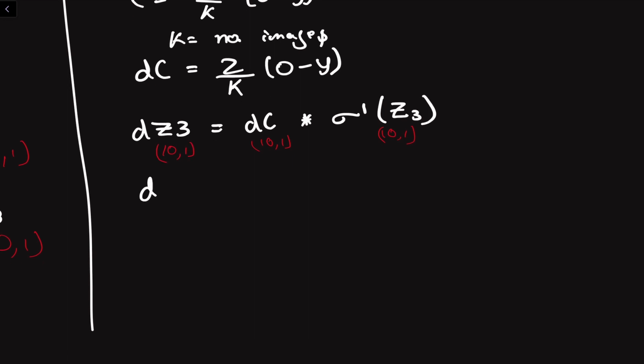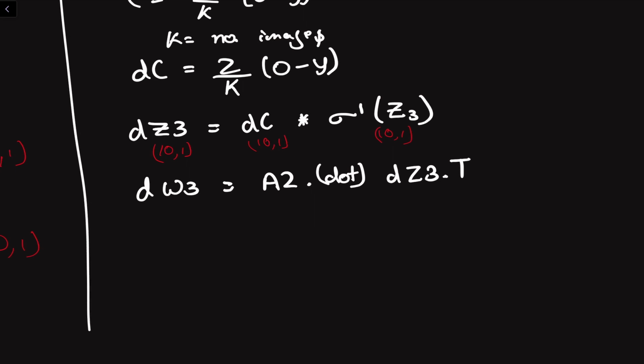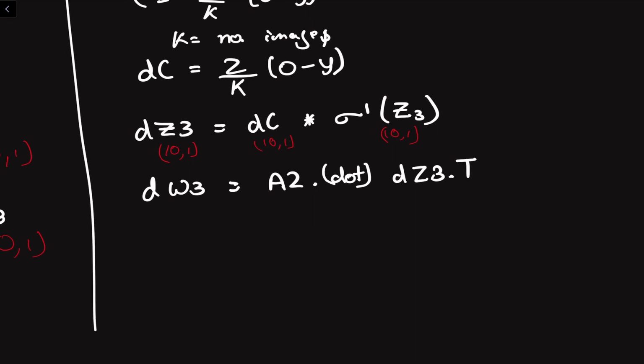All right, the DW3 equals, we're gonna write A2 dot DZ3 dot transpose. Okay, that's what DW3 is going to be.